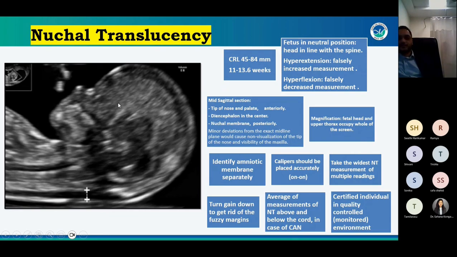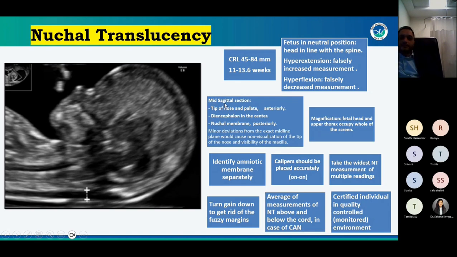In such a situation, you will get only a part of the intracranial translucency, that is the partial volume, and the NT measurement will also be reduced. So this is a very good landmark, the falx cerebri. And nowadays we have such high resolution machines, these things can be very easily seen on the scan. So that is one of my observations.